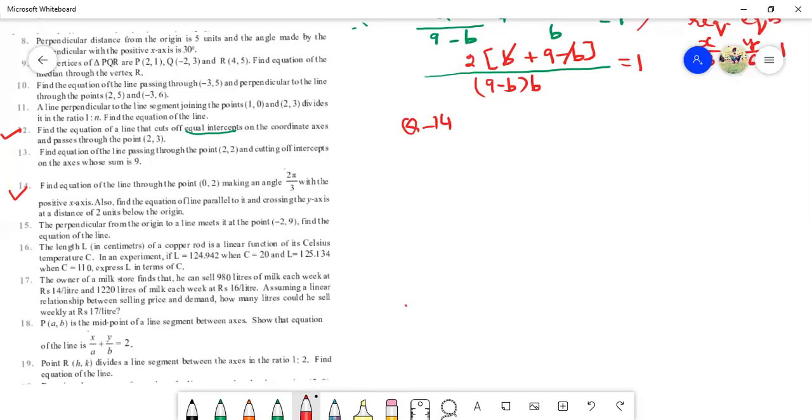There is no tool of drawing line in Microsoft, so we have to draw straight line by putting on tablet. That's why we are facing difficulty to draw this. So x-axis, y-axis, and there is a line.